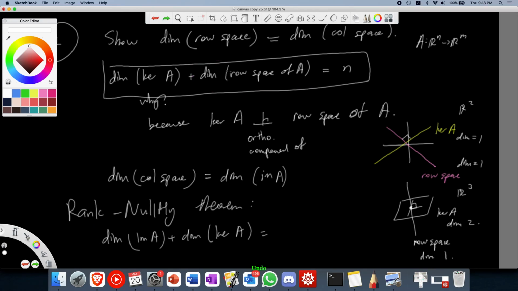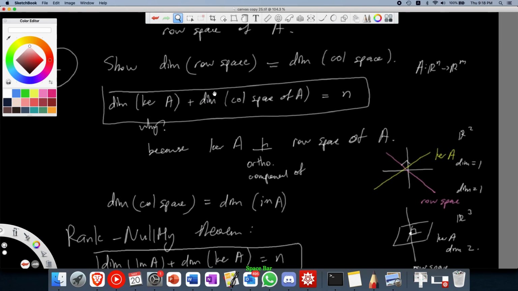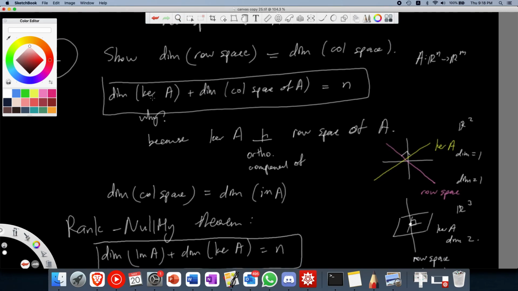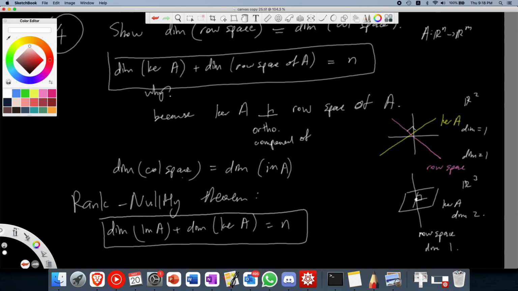Sorry, just now I meant to say column space. So this is actually the column space: the dimension of the kernel plus the dimension of the column space. No, this is the row. Oh yeah, correct. Sorry, I was correct all along. The dimension of the row space is not the image. I'm so sorry. The dimension of the kernel here is the same thing, and the dimension of n here is the same thing.